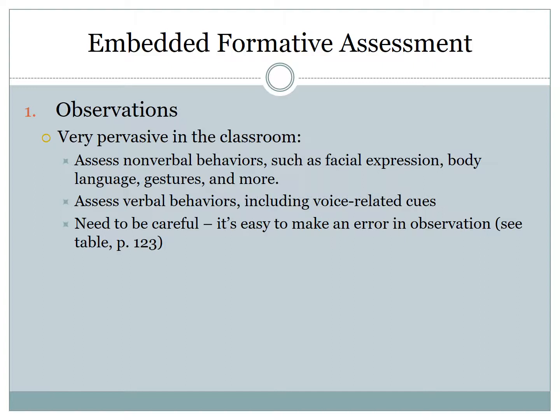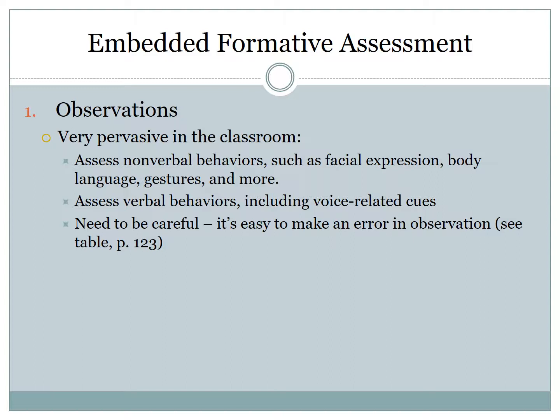Now, as we get better at making judgments about these nonverbal and verbal behaviors, we grow almost complacent. But I would urge you to be cautious because sometimes, because we approach these things from our own framework, it's easy to make mistakes. And your book has a very nice table of ways to make errors in observations that's on page 123.